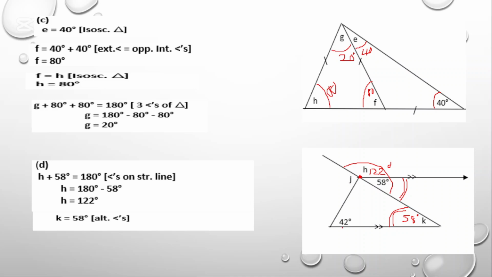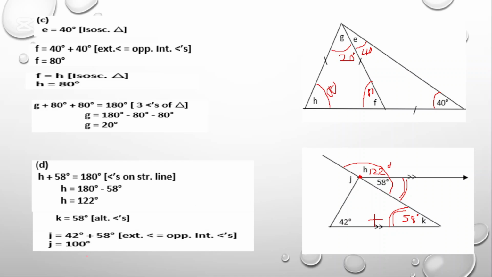So J is equal to 42 plus 58. And we have it here. J is equal to 42 degrees plus 58. Exterior angle is equal to opposite interior angles, and J is equal to 100 degrees.